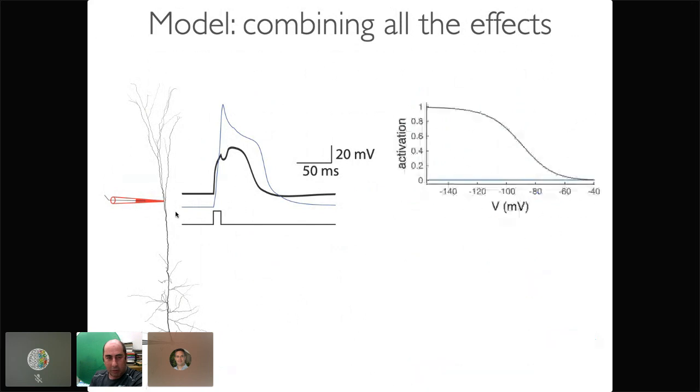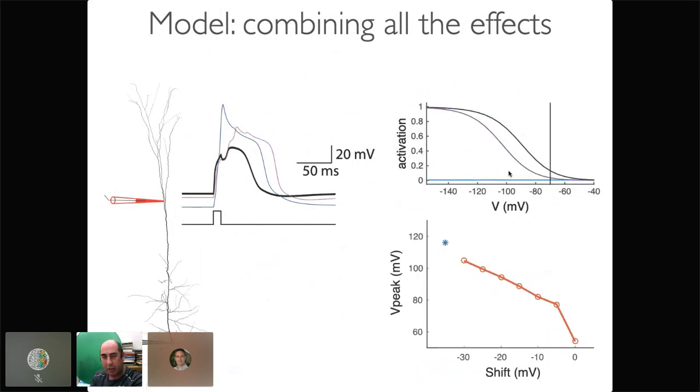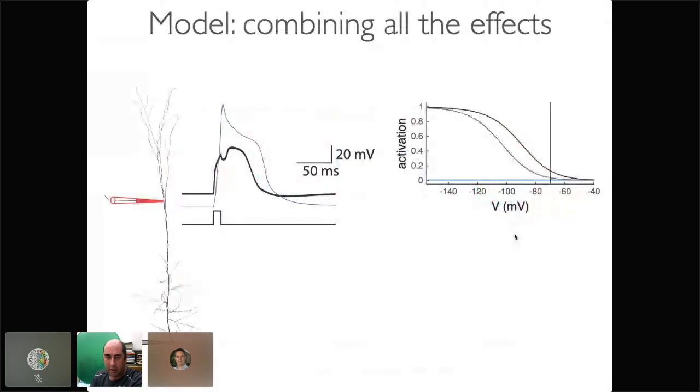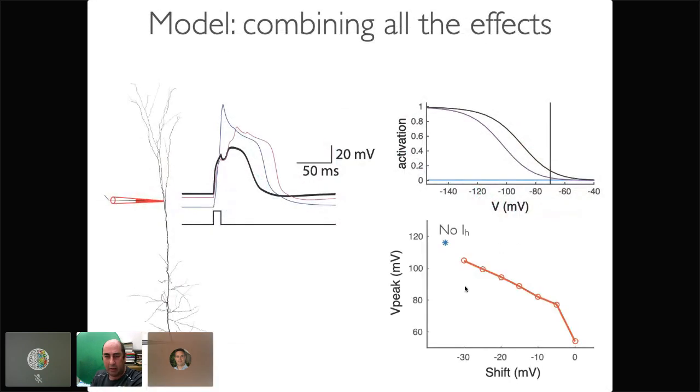But then in a simulation, we can actually test what happens if we shift the activation curve to many values, and when we do that, we see a gradual change in the excitability of the apical tuft. So basically the idea is that when you apply norepinephrine to the dendrites, you can actually change the excitability of the dendrite and control how sensitive a neuron is to this activity that is coming from the dendrite.